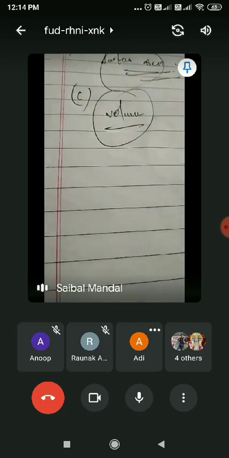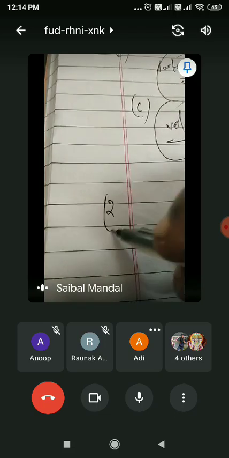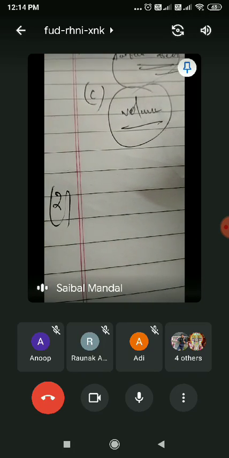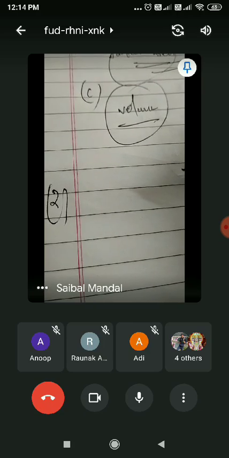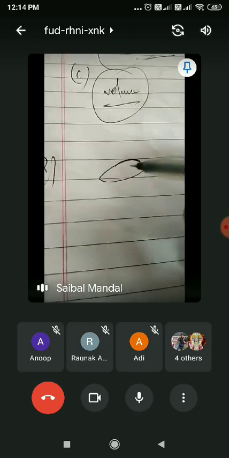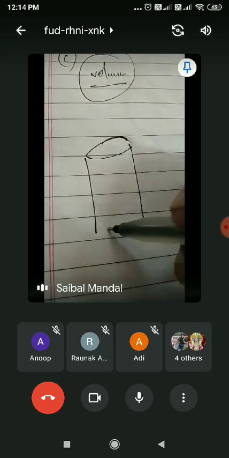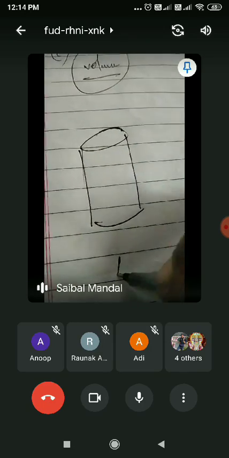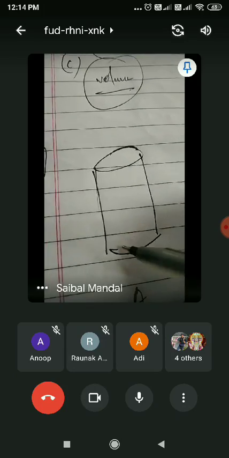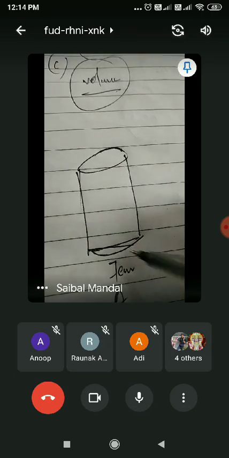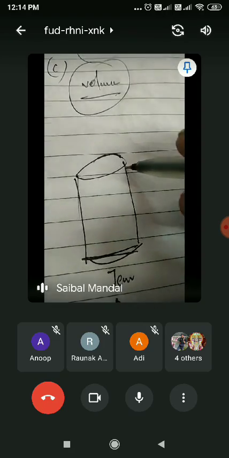Question number 2. The diameter of cylinder A is 7 centimeter. Let me draw a diagram first, as we all know that it's very important. It's a diagram of a cylinder, and the name of the cylinder is A. Its diameter is 7 centimeter.